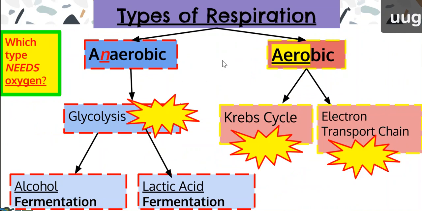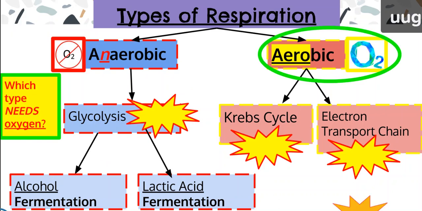So let's review. Respiration is the process of taking sugar and making it into ATP. There's two forms of respiration: anaerobic, where there's no oxygen, and aerobic, where there is oxygen. Aerobic produces a lot of energy. In fact, it produces 36 molecules of ATP.